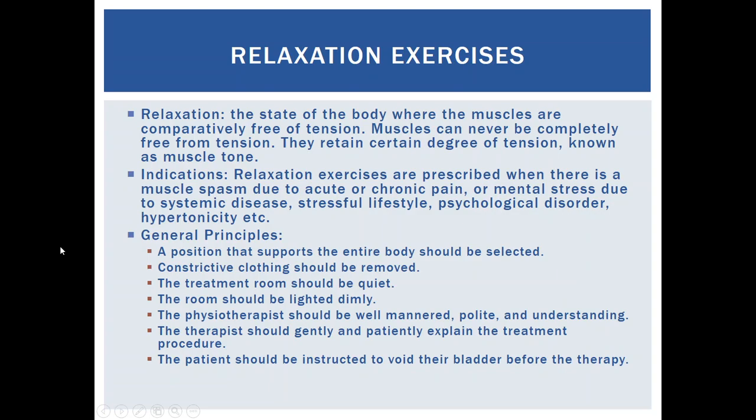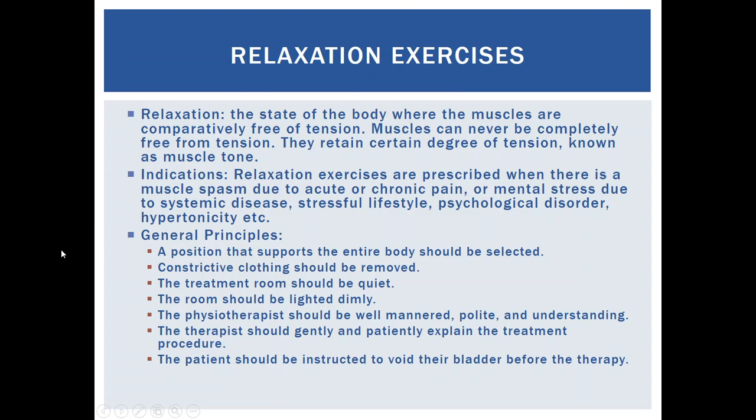Now, the general principles of relaxation while performing relaxation exercise are that it should be in a position that supports the entire body, and then constrictive clothing should be removed. Constrictive clothing means any corset or compression socks or any such garment, because a tight garment can cause unrest within you.